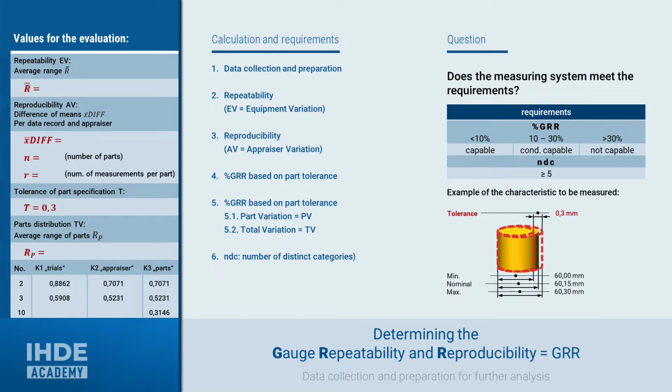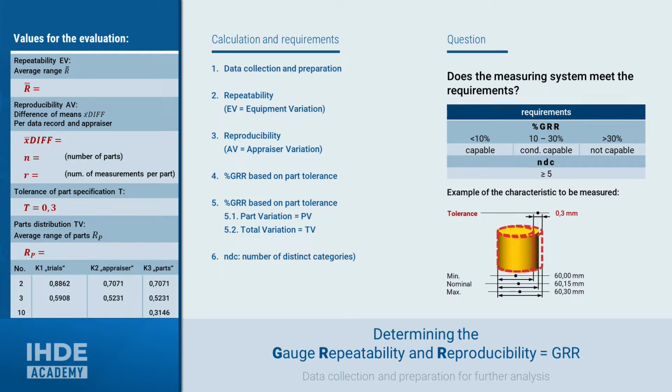Third, the reproducibility is calculated, abbreviated to AV for appraiser variation. Fourth, the characteristic value %GRR is then calculated on the basis of the part tolerance, and the suitability of the measuring system is assessed.